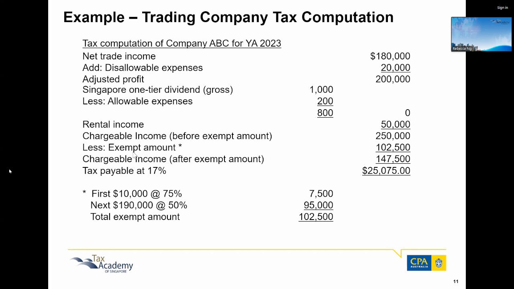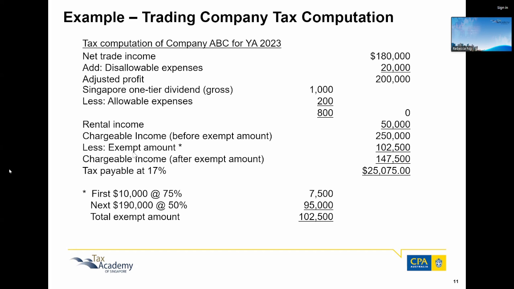For the Singapore one-tier dividend, the gross income is 1,000, and we deduct the allowable expenses related to the dividend income, that is 200, giving 800. But because the Singapore one-tier dividend is an exempt income, we are not bringing the 800 to tax. Then we have the rental income of 50,000, and we have a total chargeable income before exempt amount of 250,000. Then we will deduct the exempt amount.